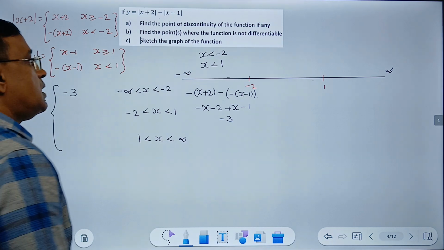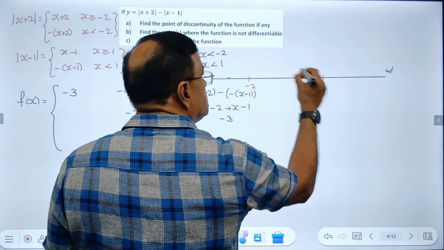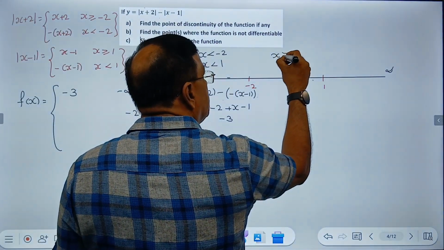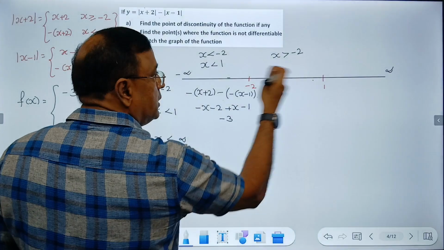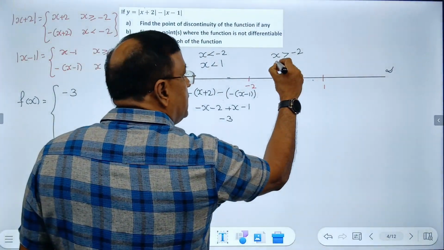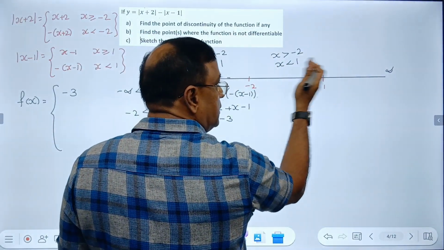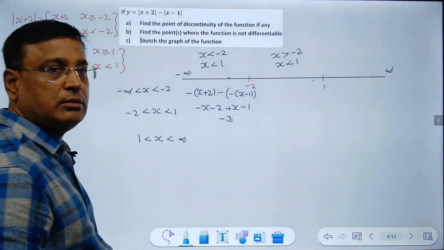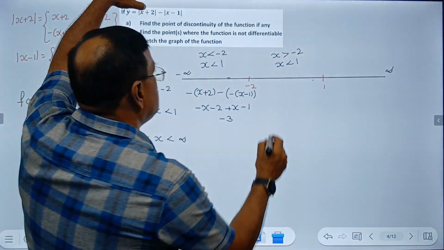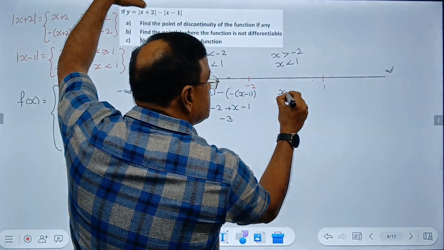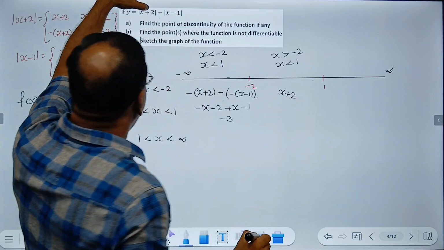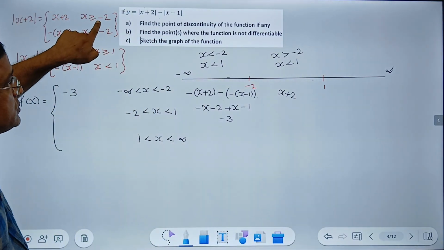Now let's come back to this. In this region, x will be definitely greater than minus 2, right? It's greater than minus 2, but it is still less than 1. So what is the definition of modulus x plus 2? It will be x plus 2, because it is greater than minus 2.